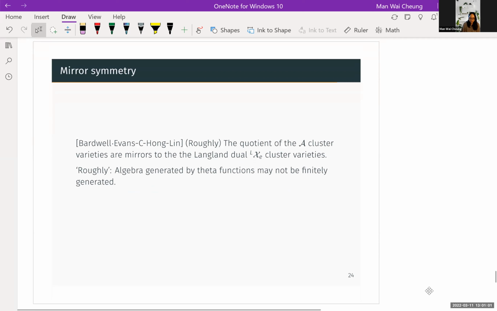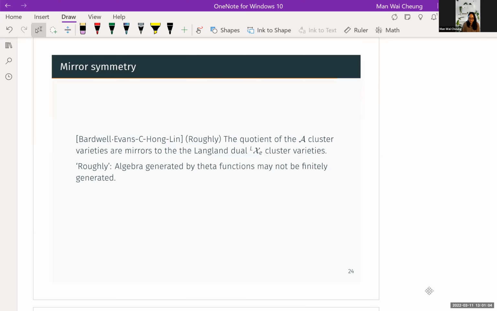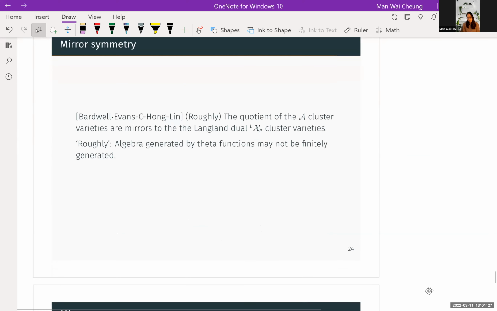Here I put roughly because, as we said when we were talking about the cluster algebra story, there is the Fock-Goncharov conjecture, that the middle cluster algebra is the same as the ring of regular functions of the cluster variety, which is not known to be true or not in general. So we do have the scattering diagram for all the general cases, but if we want to talk about the algebra, we require the Fock-Goncharov conjecture to hold.